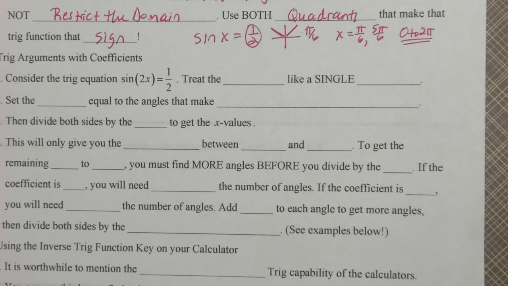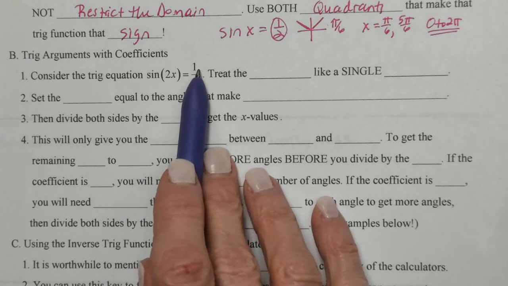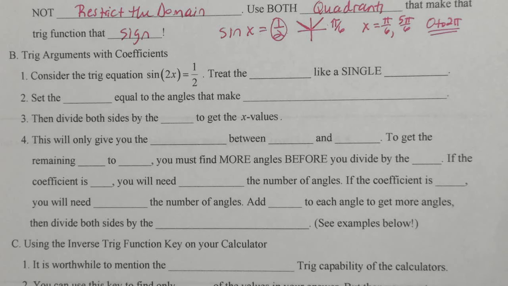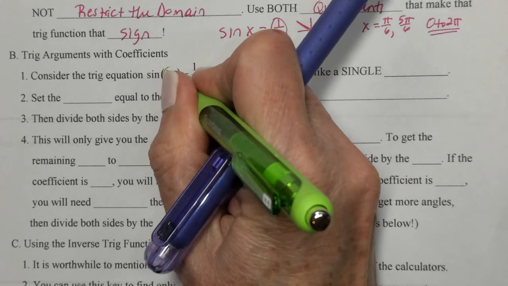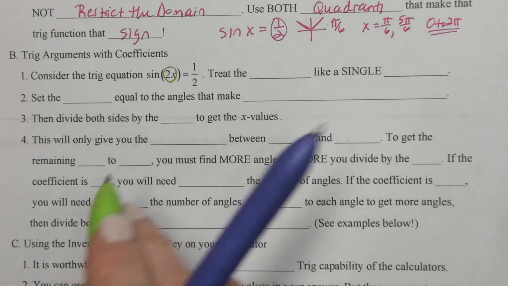B here, trig arguments with coefficients. So consider this equation now. Consider sine of 2x is 1/2. When you have an equation where your argument has a coefficient, this is the argument, and it has a coefficient.